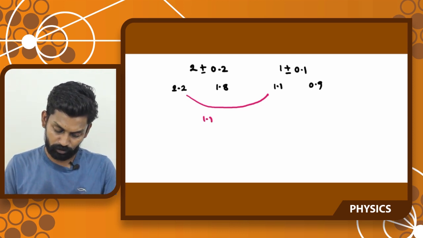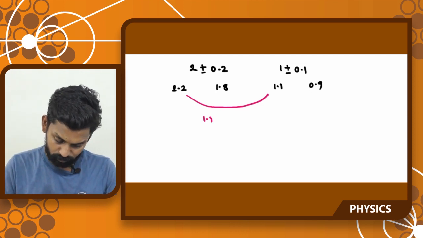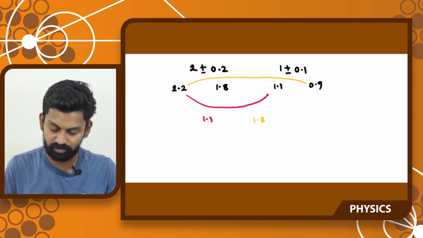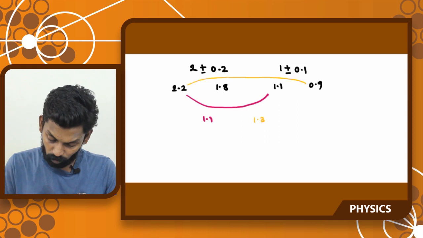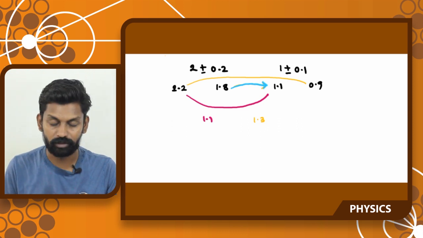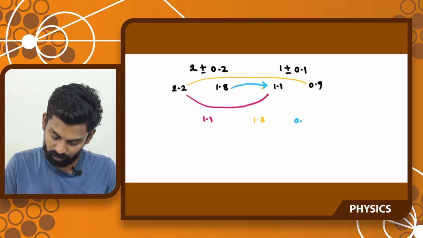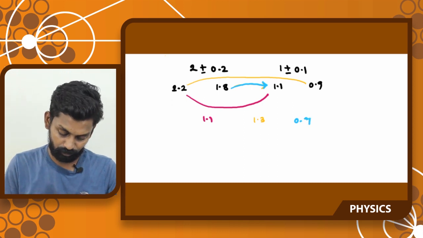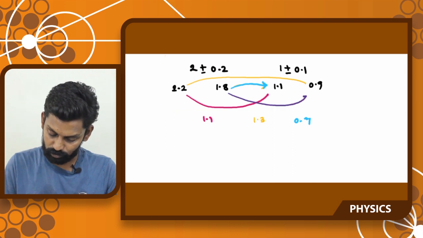Then 2.2 and 0.9, the difference being 1.3. Then 1.8 and 1.1, the difference being 0.7. Then 1.8 minus 0.9, the difference being 0.9.